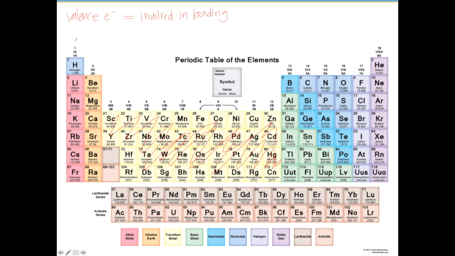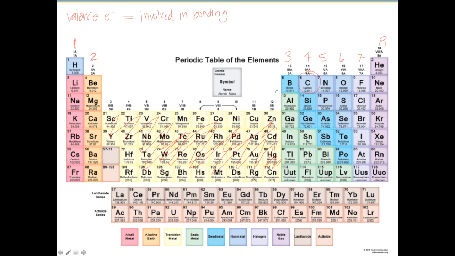Everything in this column has 1 valence electron. Everything in this one has 2 valence electrons. Everything in this one has 3. These have 4, 5, 6, 7, and 8. So here's my carbon, right? Carbon's going to have 4 valence electrons.